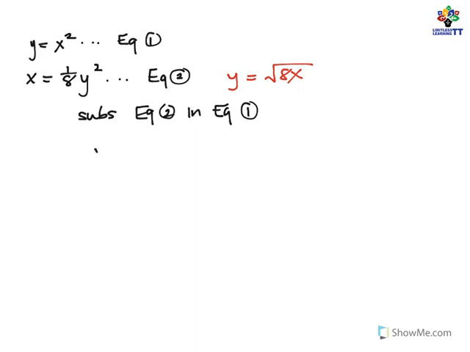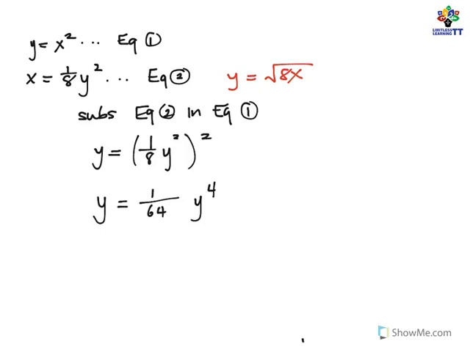So now I have that y is equal to x, which is 1/8 y squared, and that has to be squared. Alright, so y is equal to 1/8 squared, which is 1/8 by 1/8, which is 1 over 64. And then y squared squared will be y to the power of 4.